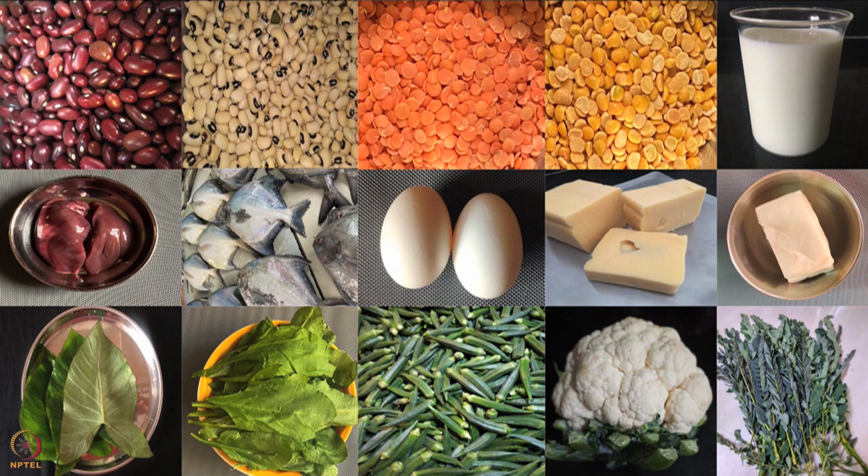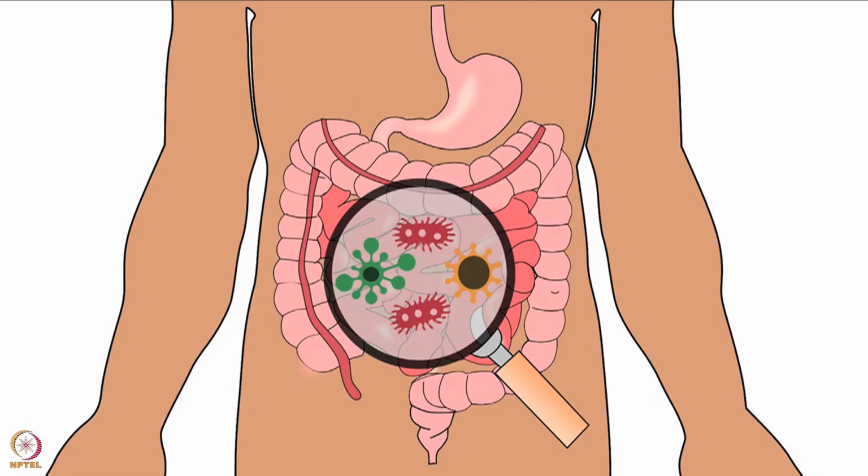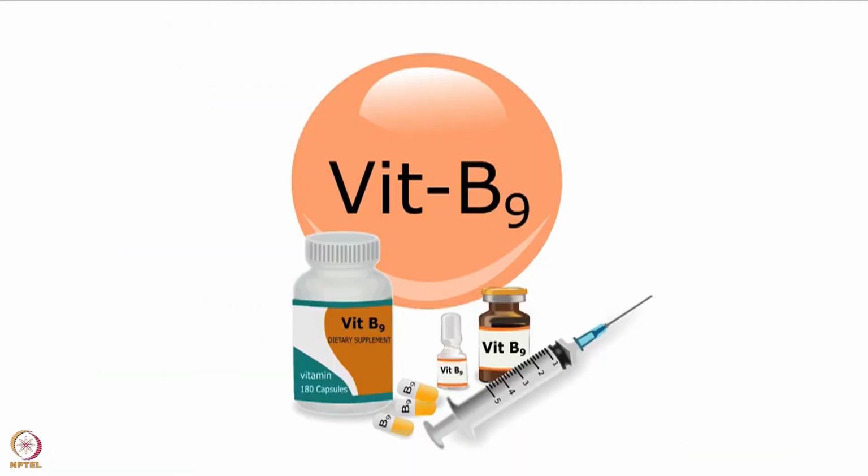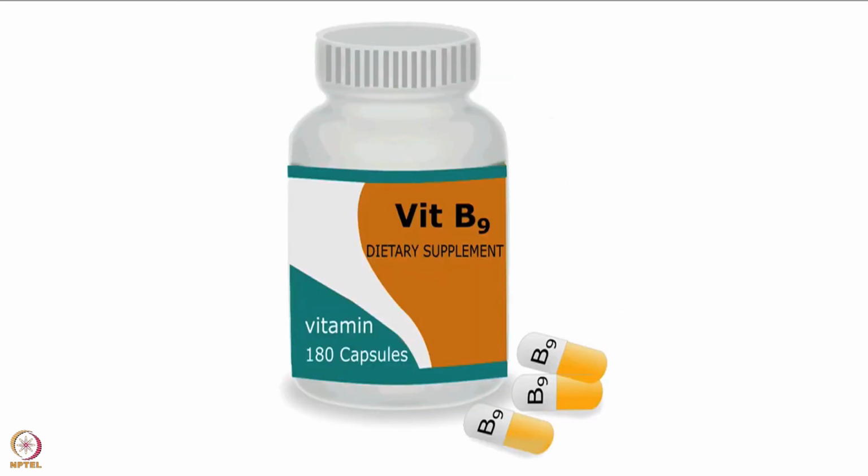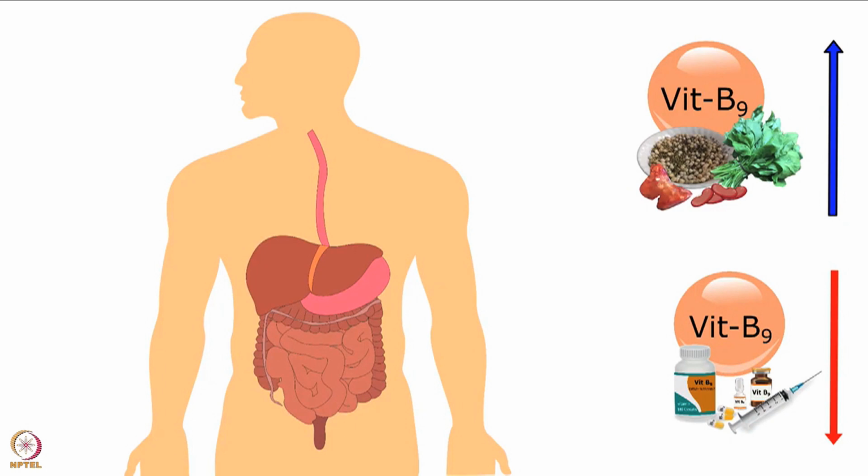Folate is the natural form and is found naturally in foods. Folate is also produced by bacteria in our intestines, whereas folic acid is the synthetic form. It is found in chemically enriched foods or supplements. Folate is easily absorbed in our body as compared to folic acid.